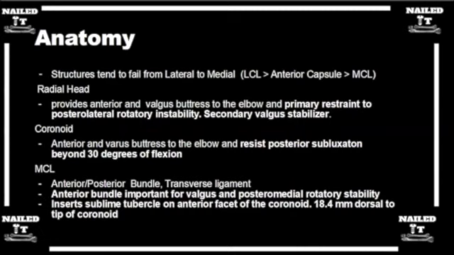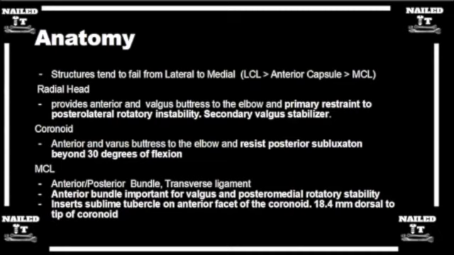When you think about instability of the elbow, that's more common when you extend the joint, so I'd say the anterior band is more important here, and it inserts in one of the parts of the coronoid fracture, the coronoid piece.